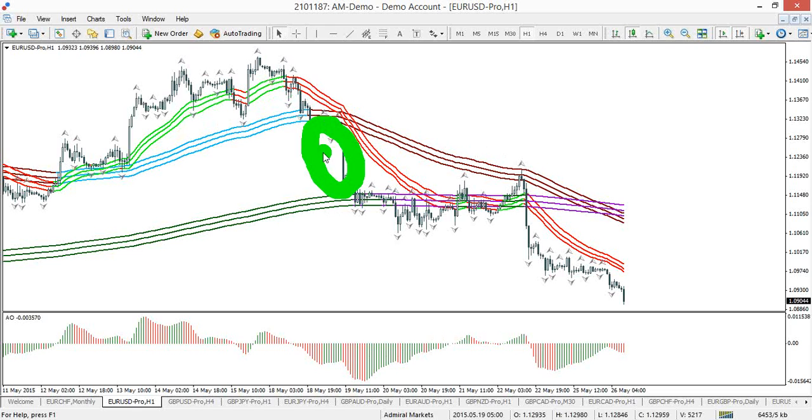Now, I personally use moving averages only in context of looking at the entire currency and using my discretionary knowledge. I think that has the most value.